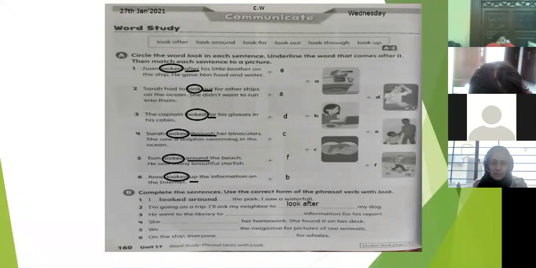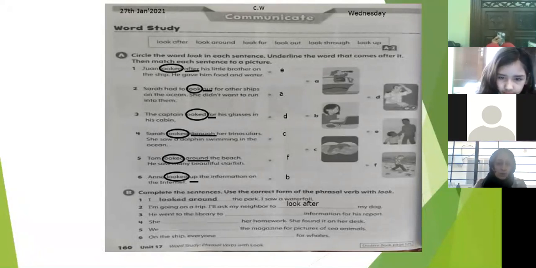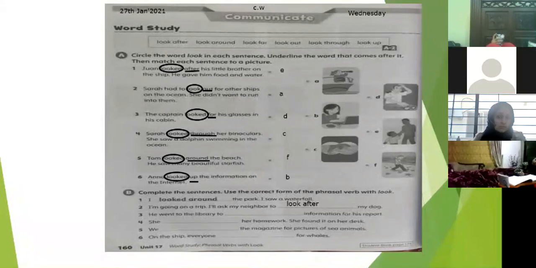He went to the library to dash the information for his report. So when we specifically try to look for the information, which phrasal verb do we use?